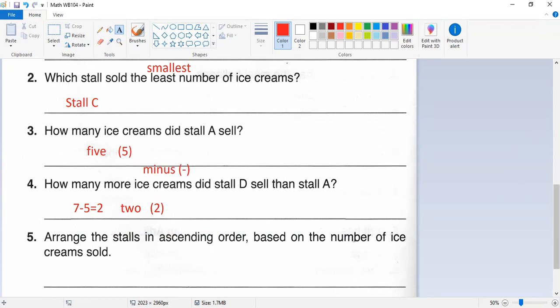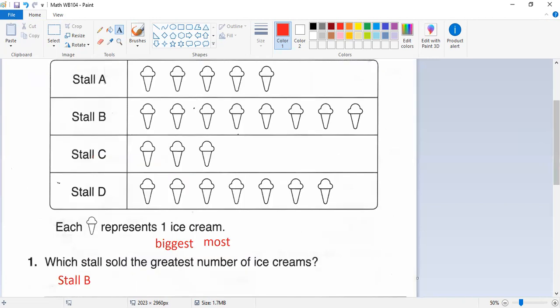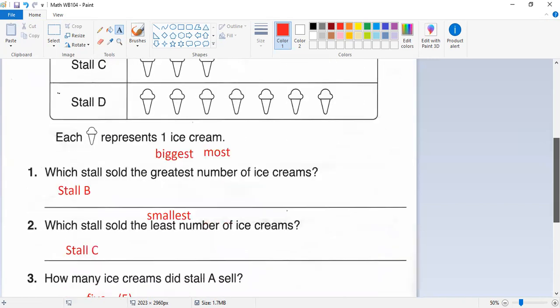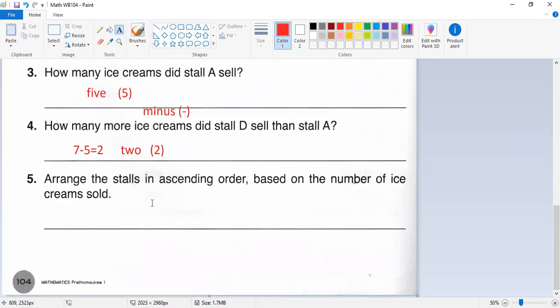And the last one. Arrange the stalls in ascending order. Ascending. That means we're counting forward, going from the smallest to the biggest.